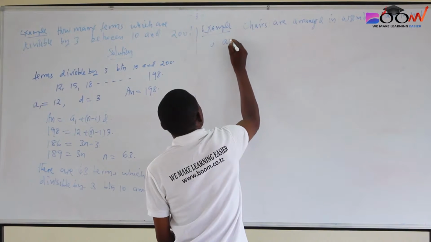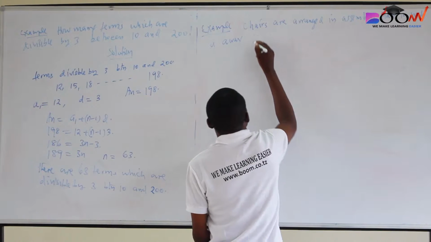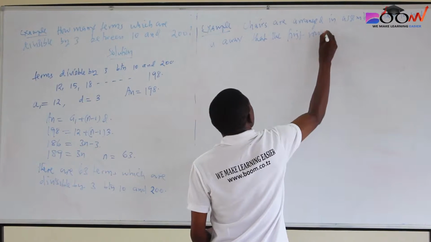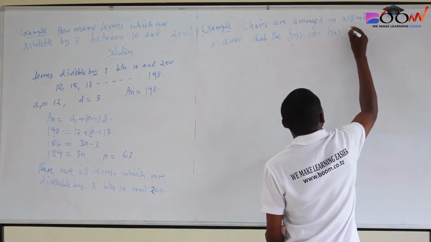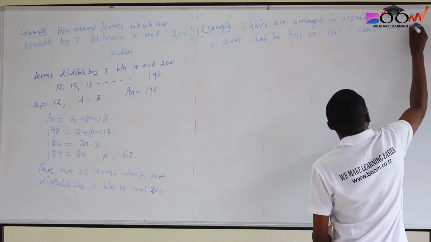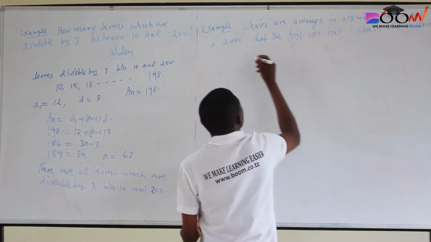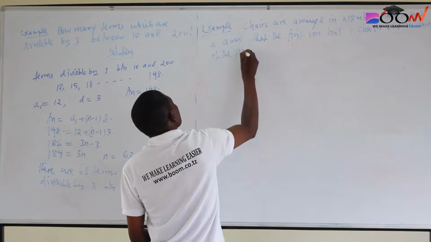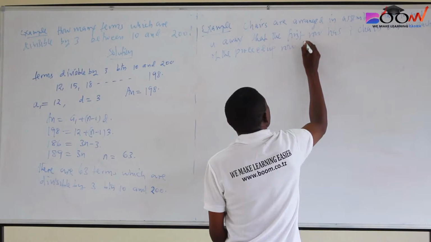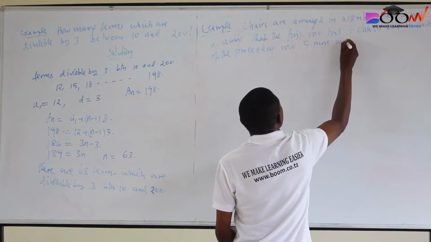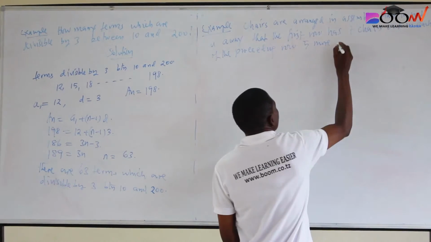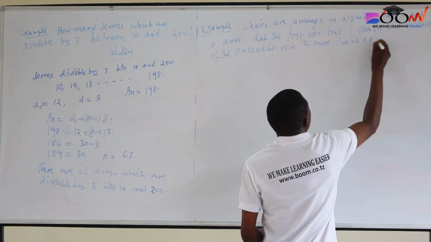in such a way that the first row has, let's say, seven chairs, but in each of the proceeding rows, 5 more chairs are added.